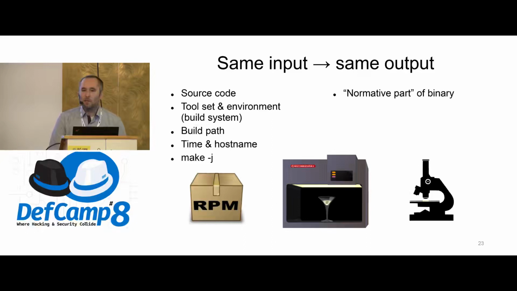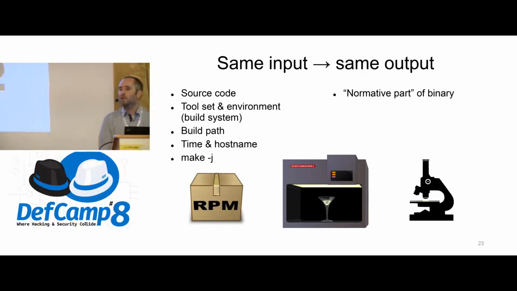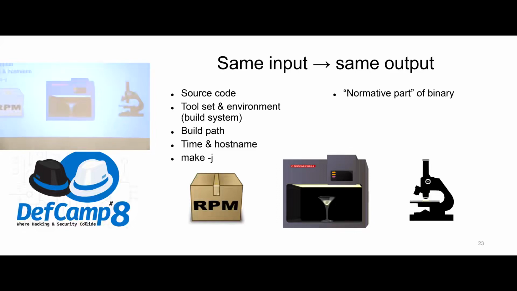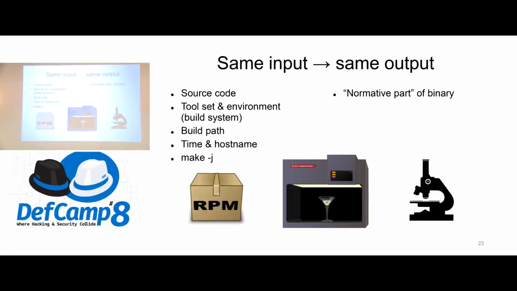And the embedded time stamp and the embedded host stamp we solve using a slightly sophisticated binary comparison tool that understands where the information is and ignores that. The alternative approach here would have been to change the build system, not to embed that information anymore, but we wanted to have minimal impact on the build system. We wanted to retain it as originally as possible to limit the risk that we break something there.